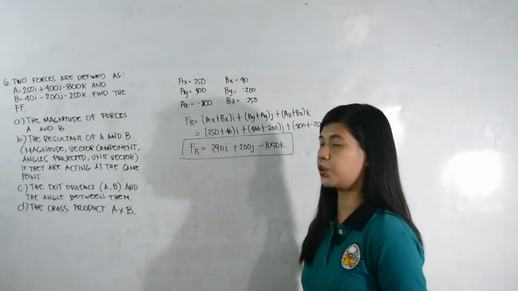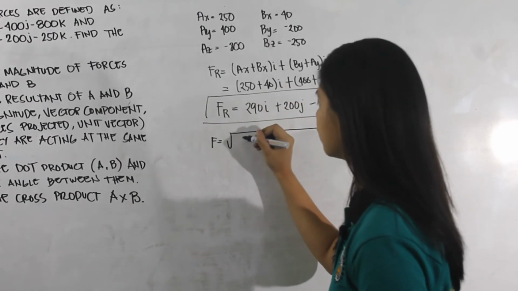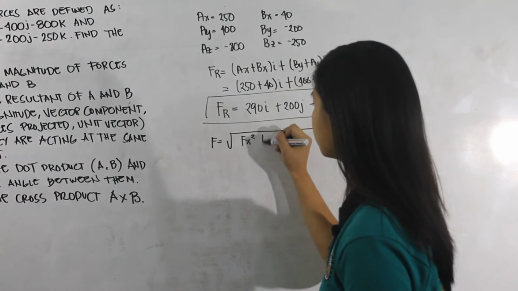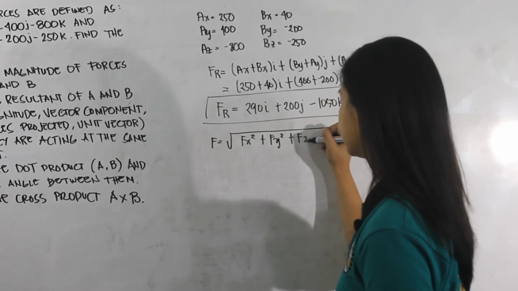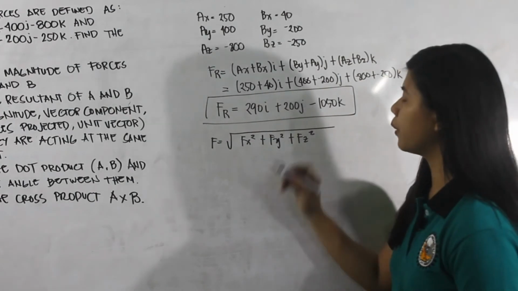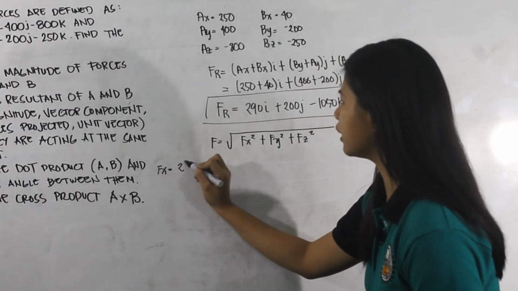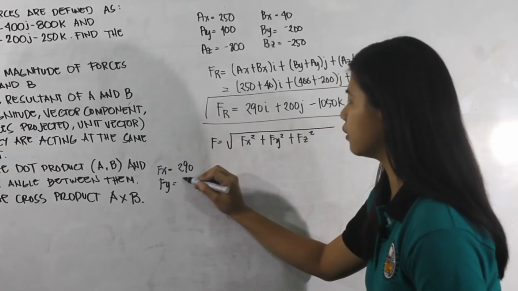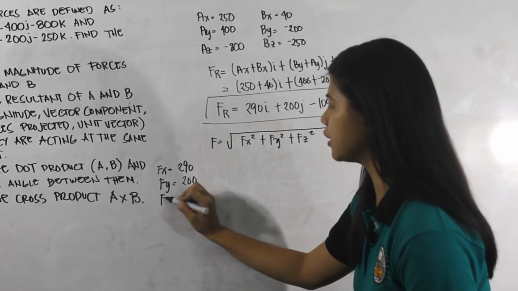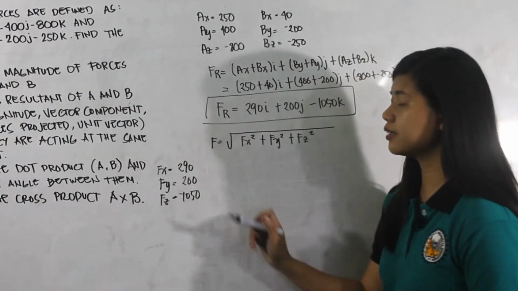For getting the magnitude, we have this formula of F is equal to the square root of Fx squared plus Fy squared plus Fz squared. So we have our Fx as 290, our Fy of 200, and Fz negative 1050.